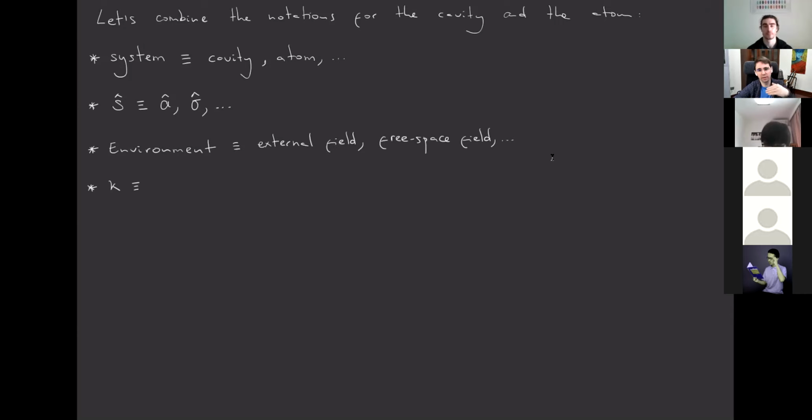Then we are going to define a rate kappa. That is just the rate that appears in the input-output relations, okay? So this means that for the cavity, this is 2 gamma, and for the atom, it's just gamma, because we are watching only half of the radiated field.